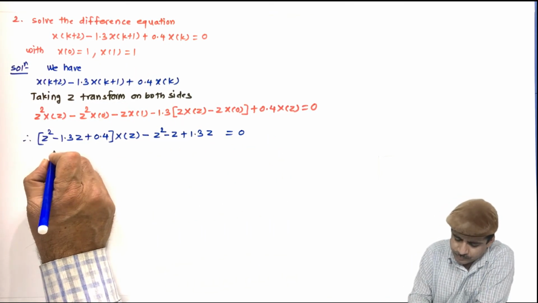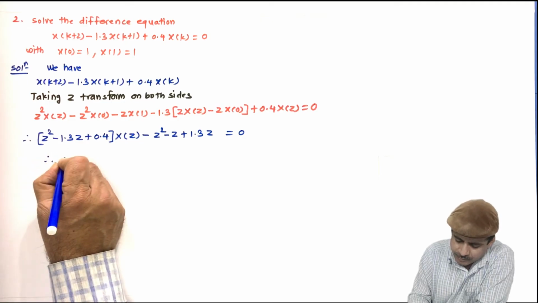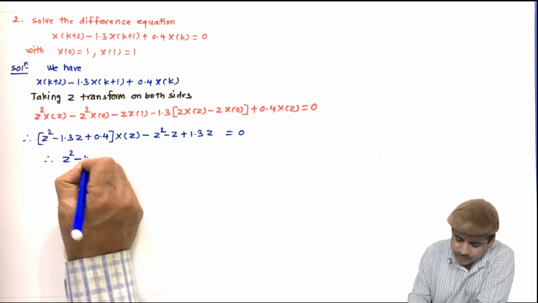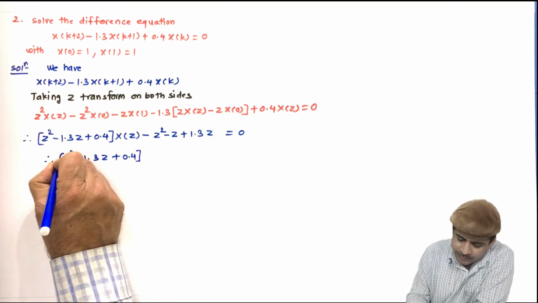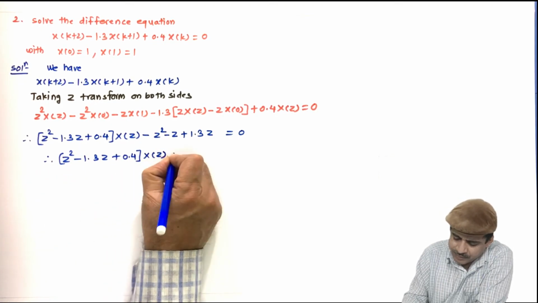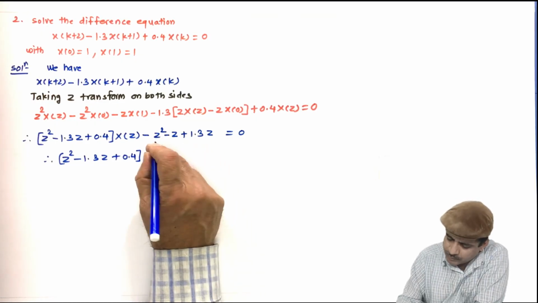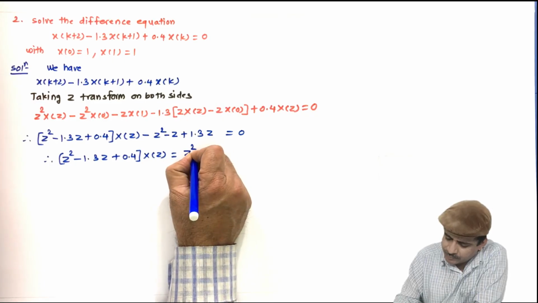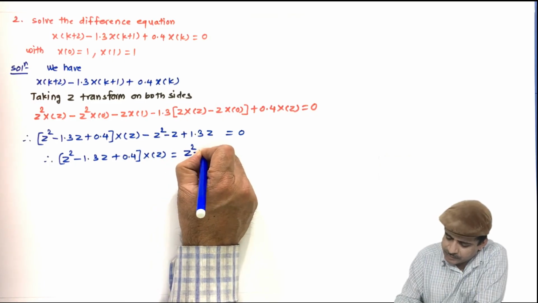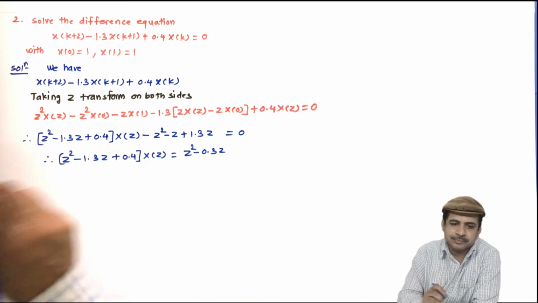So z square minus 1.3 z plus 0.4 into x of z is equal to, this will come here, z square minus 0.3 z.